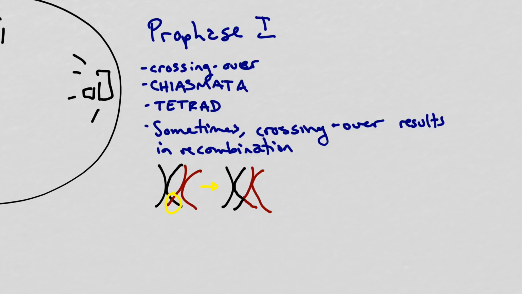And now imagine that this is you, and imagine that you inherit this chromosome right here. It's no longer just a maternal chromosome. It now is a maternal chromosome with a little piece of paternal DNA on it. This right here, I'm going to call this star 1, because this is our first place where in meiosis we create new variations.